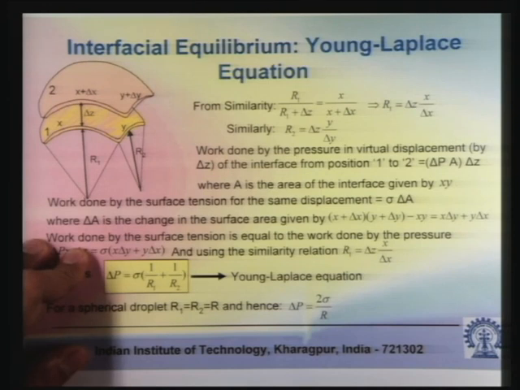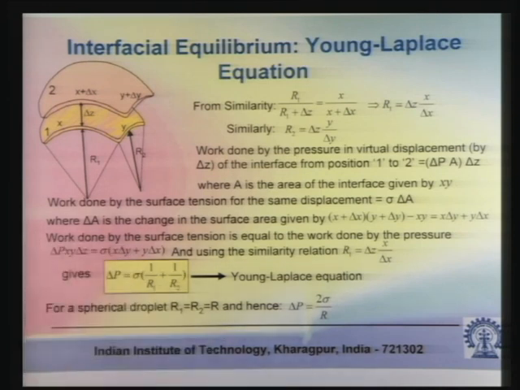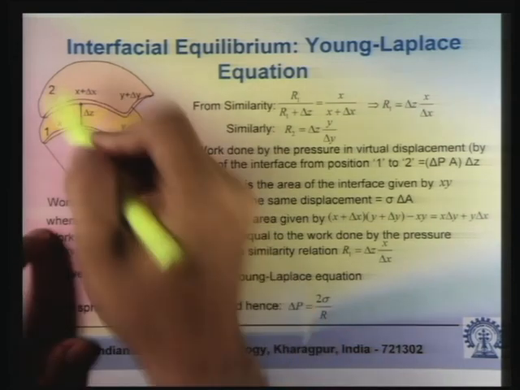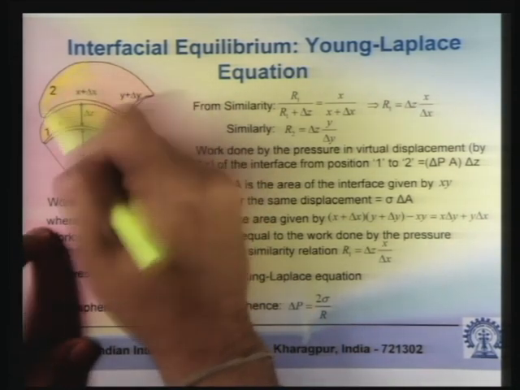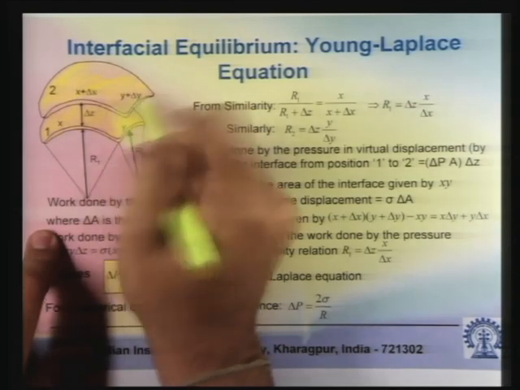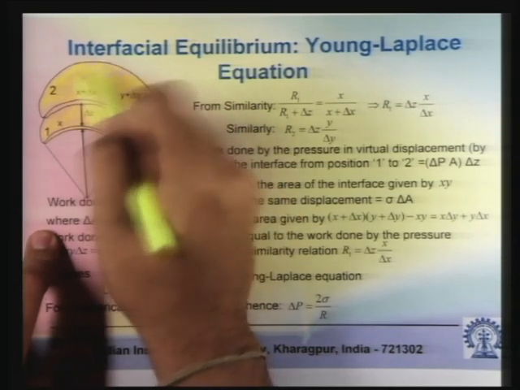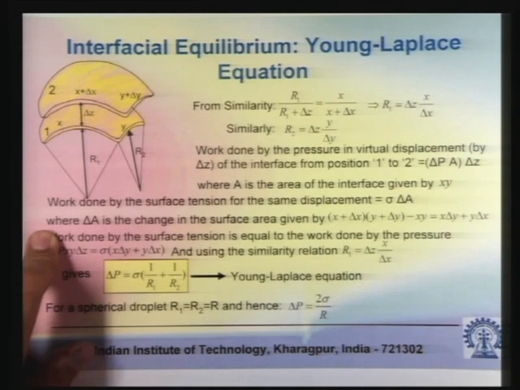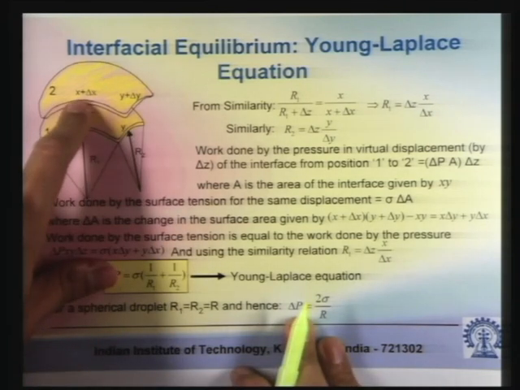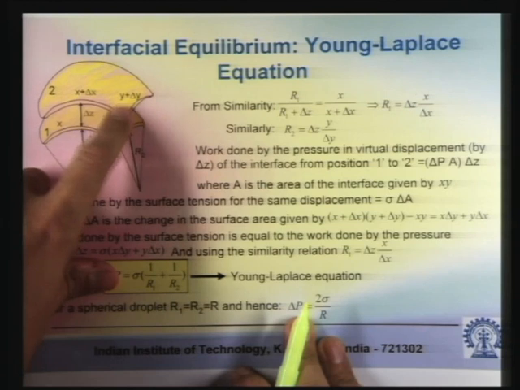So this is like a curved rectangle, so its area is x into y. Now let us say there is a stretching of this surface, so it occupies a new configuration, where x becomes x plus delta x, and y becomes y plus delta y.